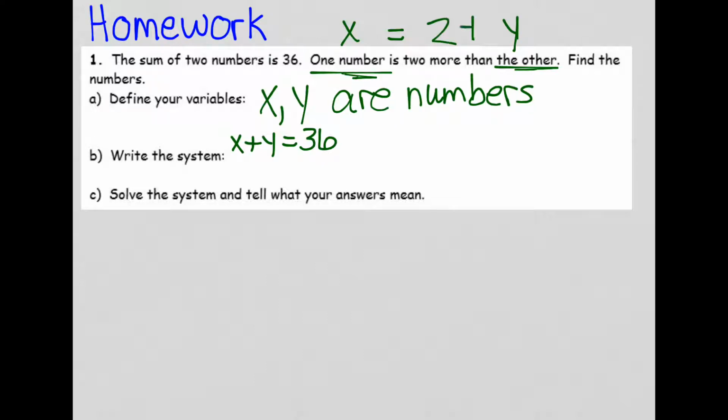It's 2 plus Y. So my second equation is that X equals 2 plus Y. And now we can solve this by substitution because I have an isolated variable right here. It equals 2 plus Y. So instead of X, we're going to replace that with 2 plus Y and solve.